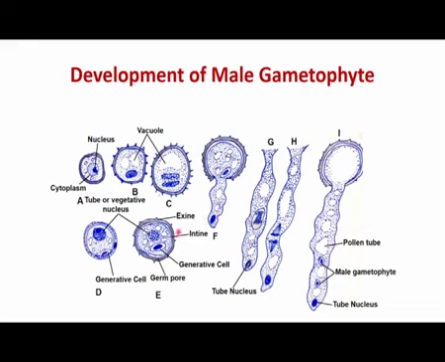Once the pollen grain is recognized as the right pollen grain that has to grow, it starts growing, taking nutrition from the stigma. The vegetative cell enlarges and comes out through one of the apertures in the form of a pollen tube.